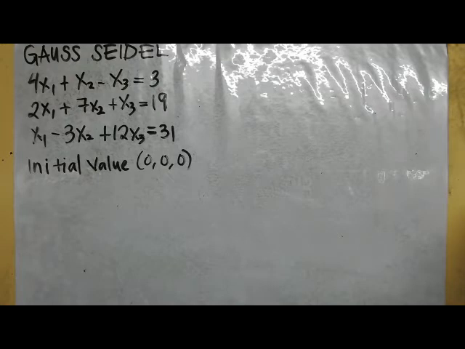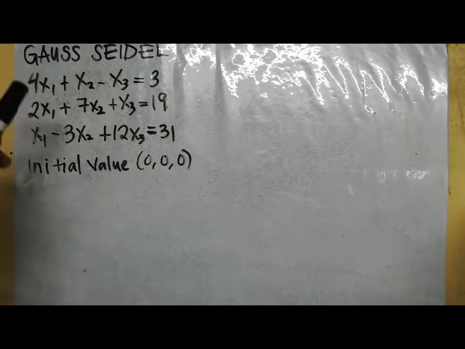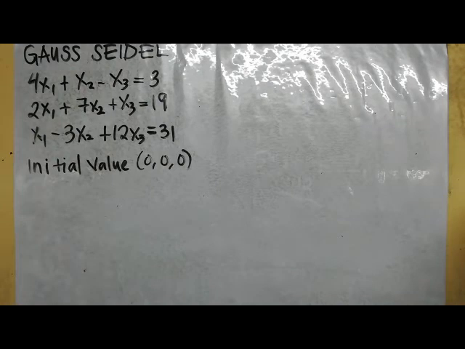Before we proceed to the Gauss-Seidel method, we will first check if this linear system is diagonally dominant. Diagonally dominant means the diagonals, or these three numbers, are greater than the sum of the absolute values of the rest.